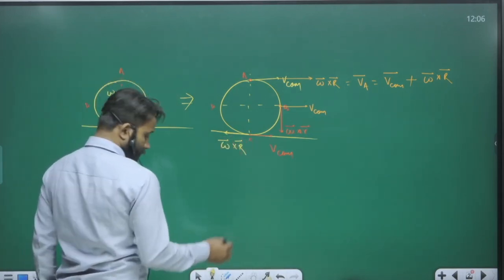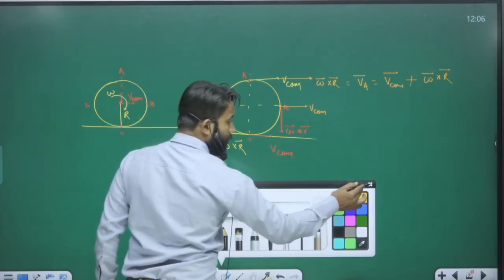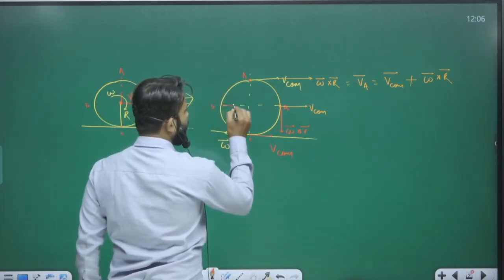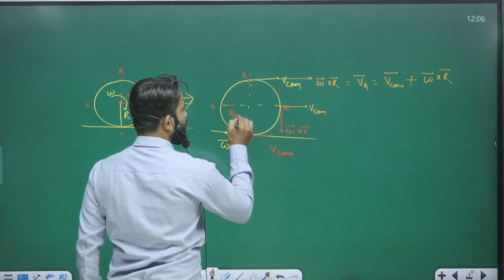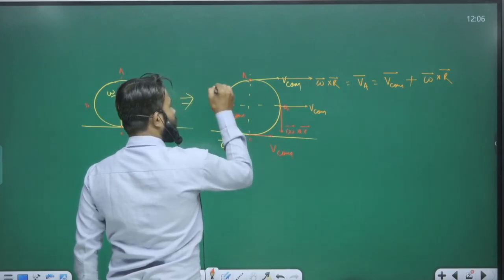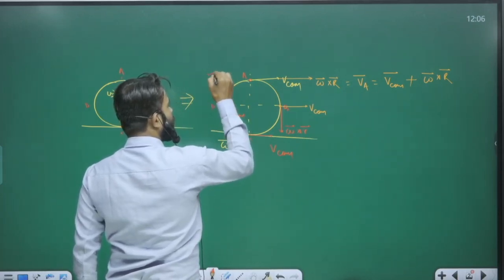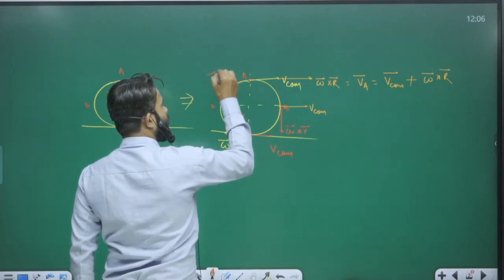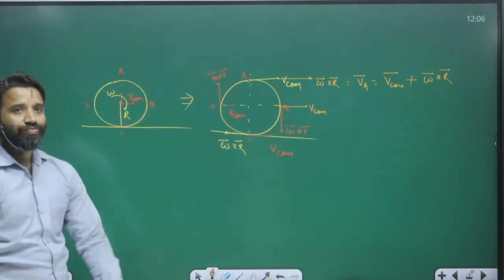Now for this point D, this point will have again a velocity v com in the forward direction and a velocity in this direction, and that will be omega cross R vector. Okay.